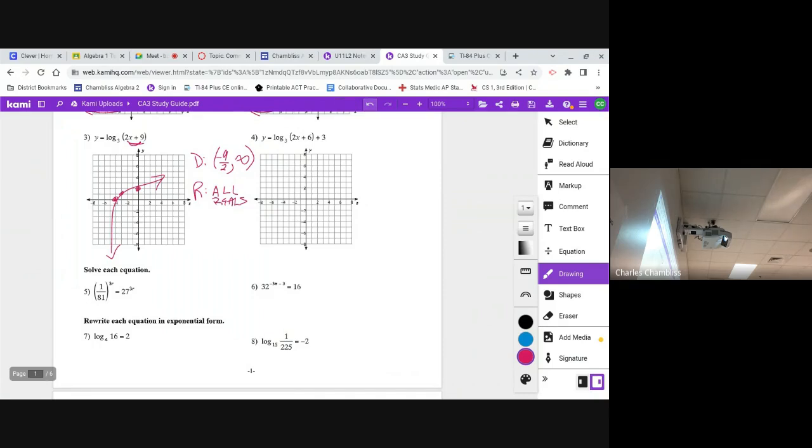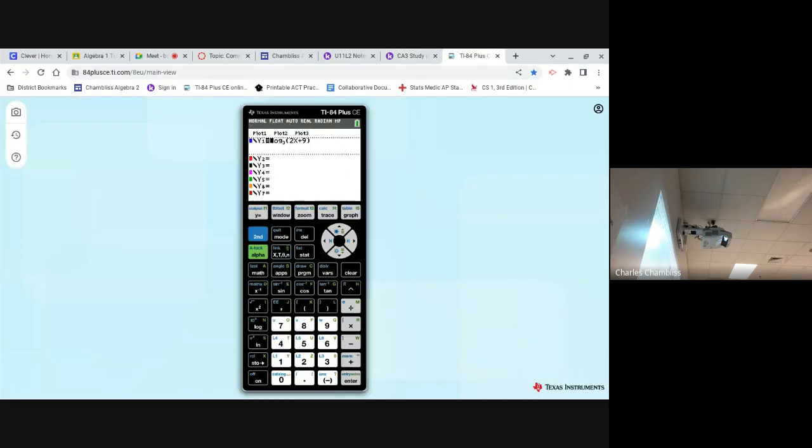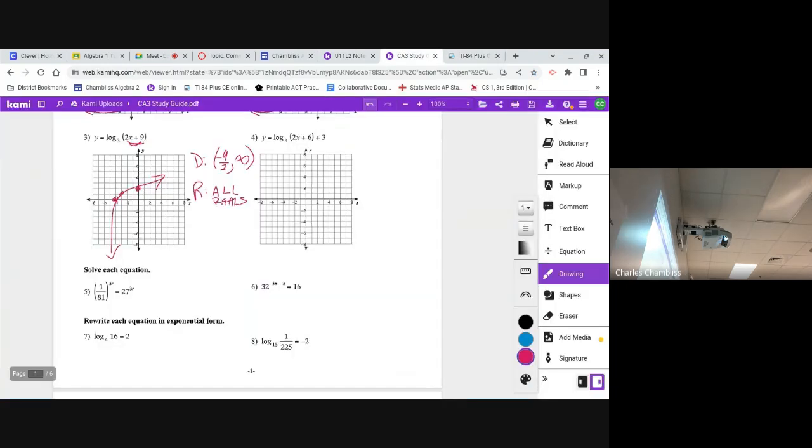Number 4, same process. In fact, it's still log base 3, but it's 2x plus 6. And then I've got a plus 3 out here. All right. So the domain, again, set 2x plus 6 equal to 0.